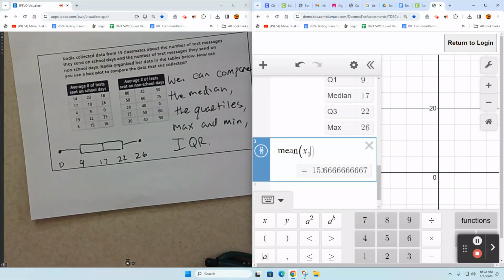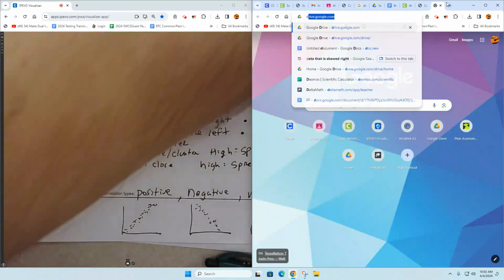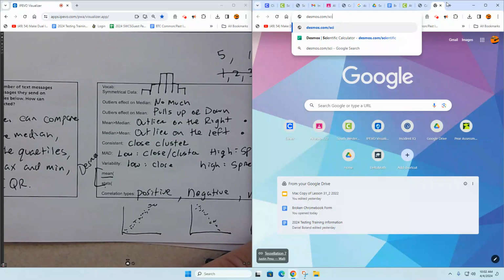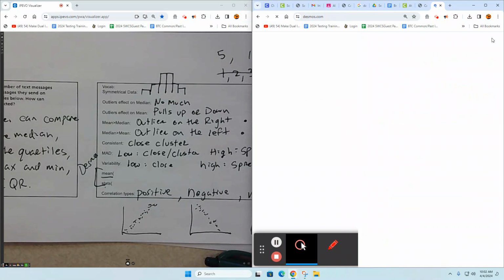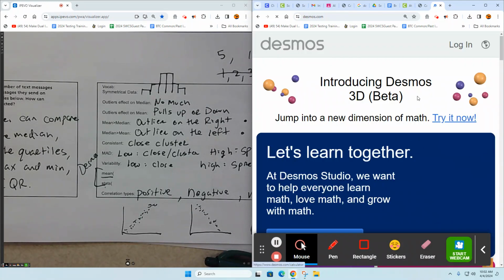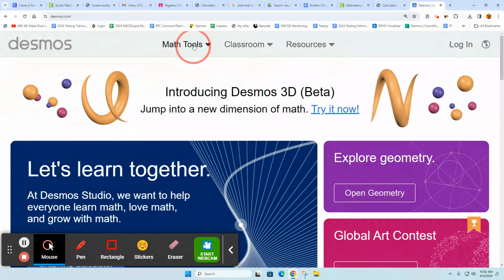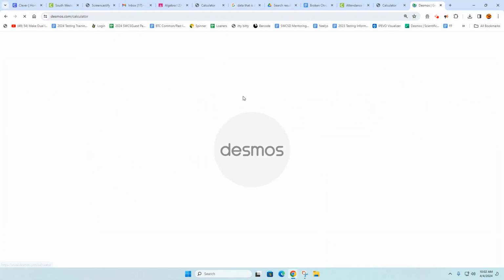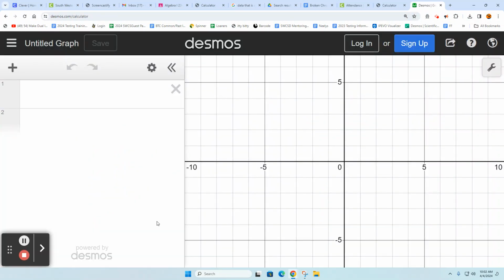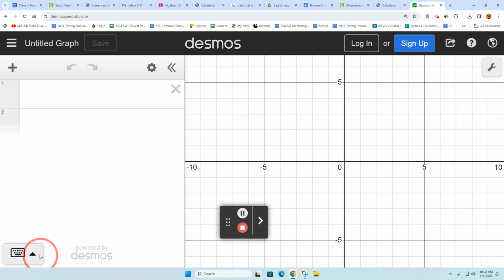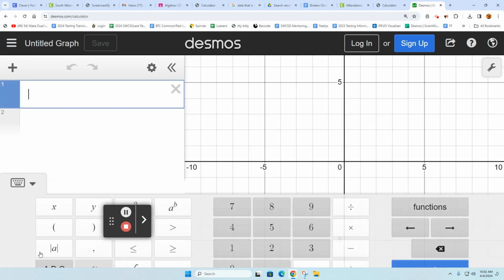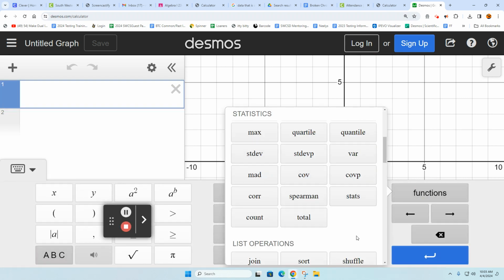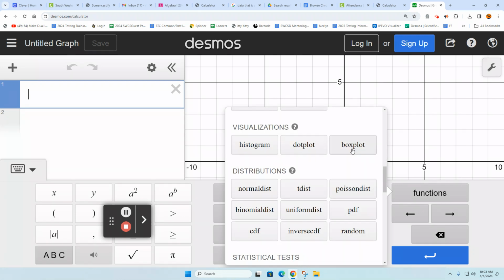Yeah. This is what we can do on the state test? This is a state test calculator. The regular Desmos calculator, which you can't use on the test, I'm not going to create one. The regular graphing one, which you aren't allowed to use, has, and someone found this yesterday, box plot.